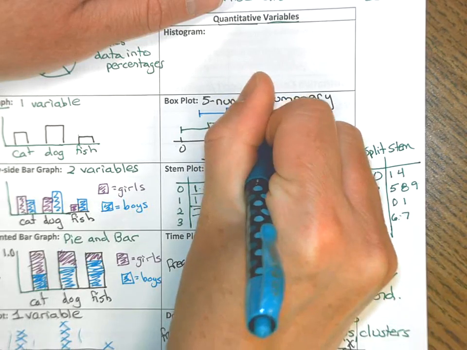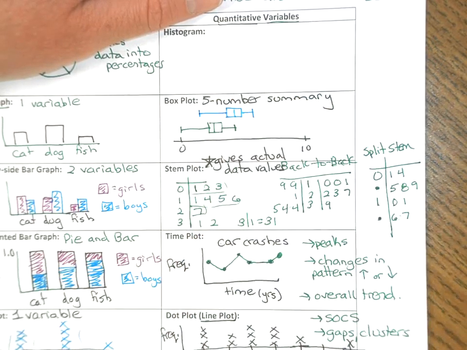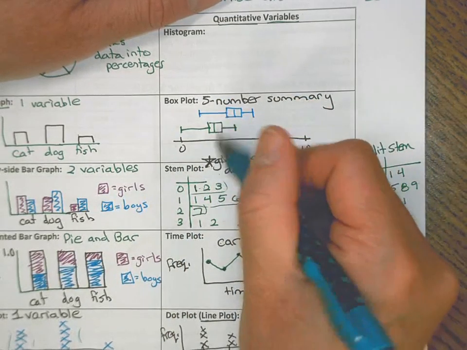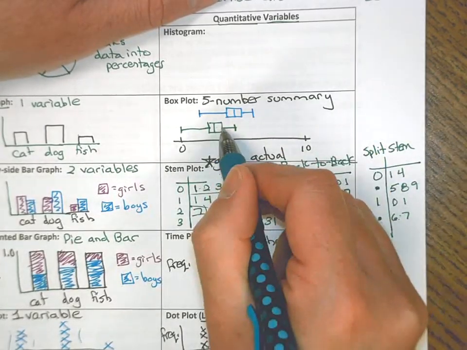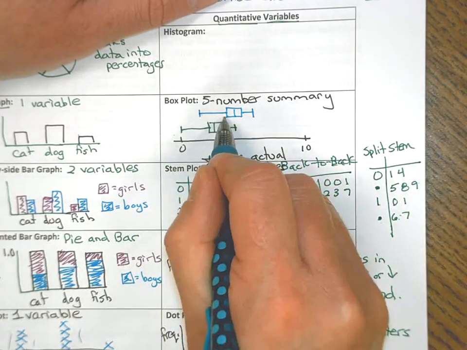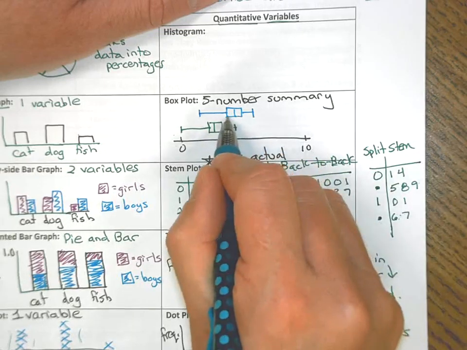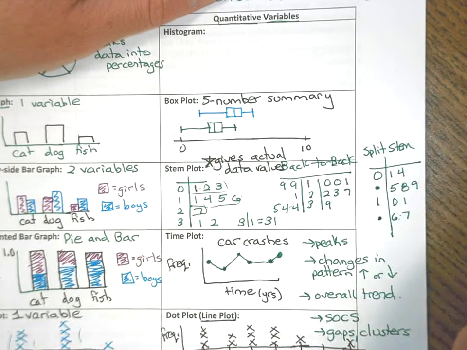So I can line things up and actually compare where things fall, like 75% of the green one is below the higher is 75% of the blue one.